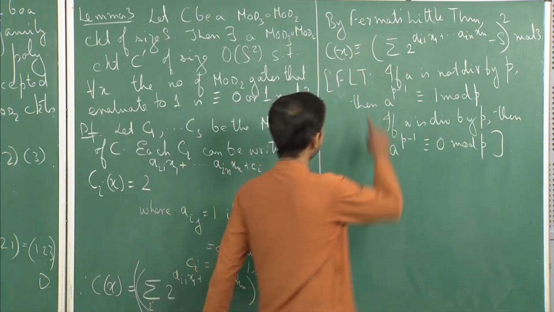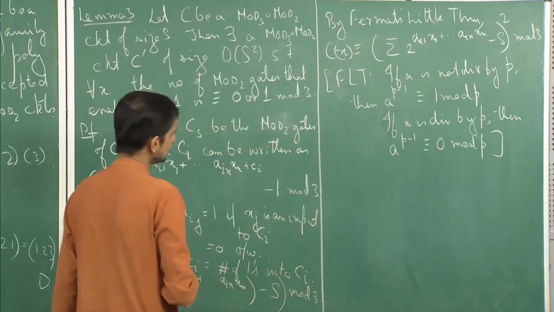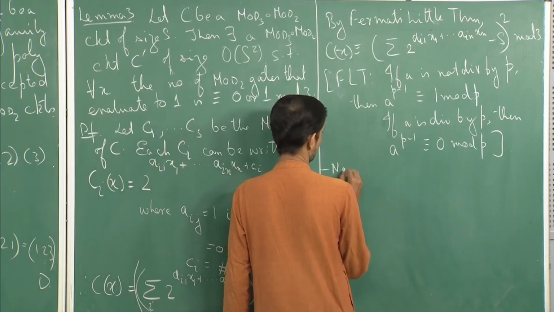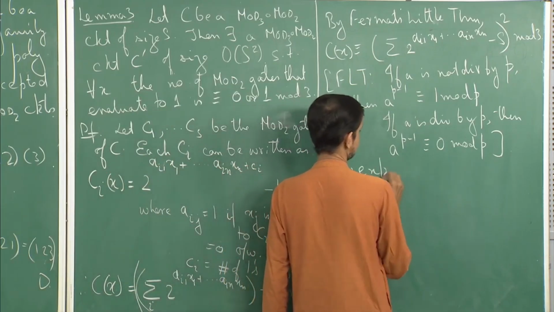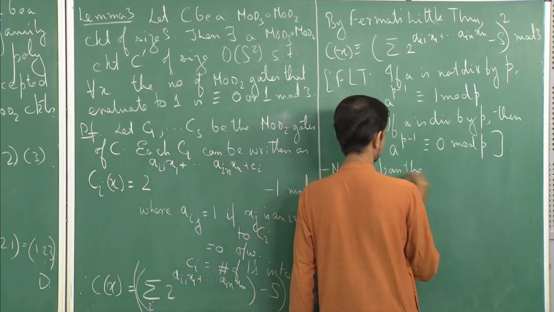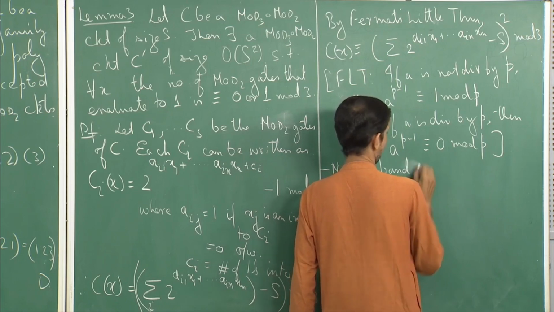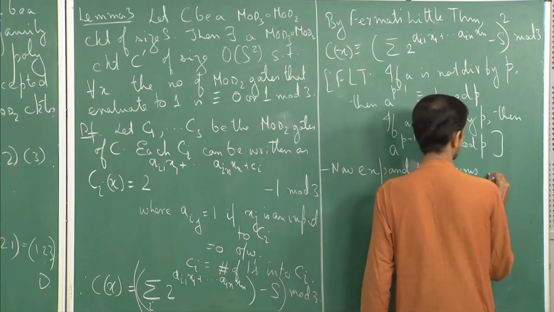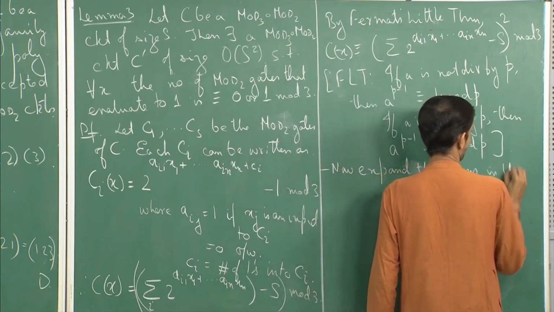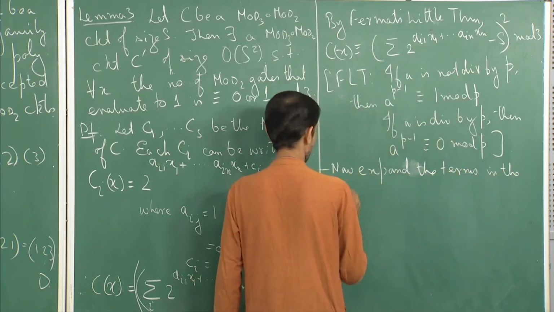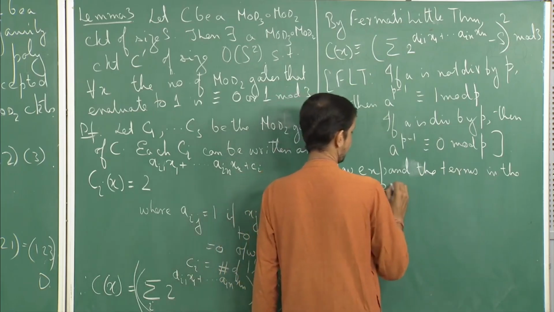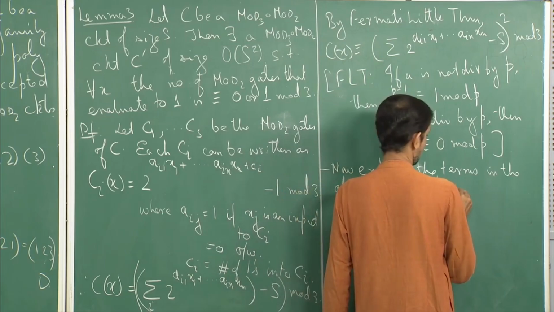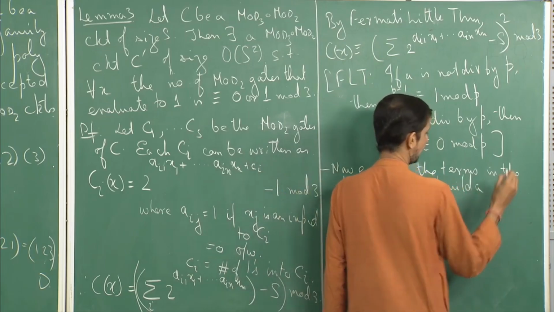So, now once we have this, how do we get a circuit? So, essentially we can now expand the terms in the above equation and build a circuit.